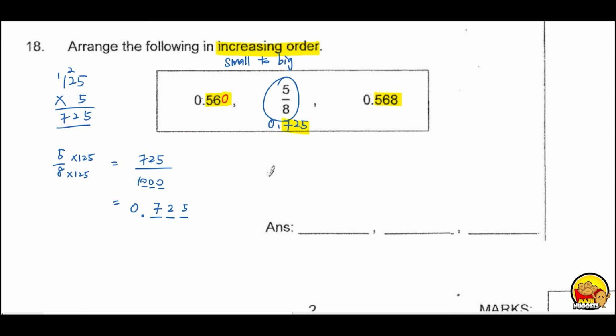So from here you are able to tell which is the smallest already. 0.56 is the smallest, followed by 0.568, followed by the largest, which is 5 out of 8. Please remember to write the originals down, not the ones that you converted. Okay.